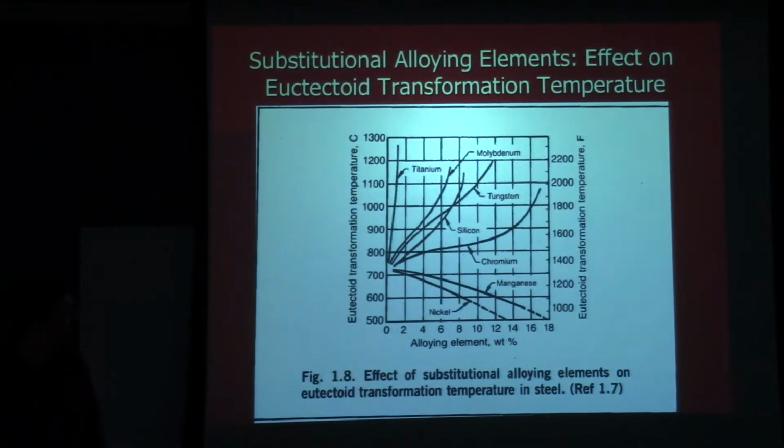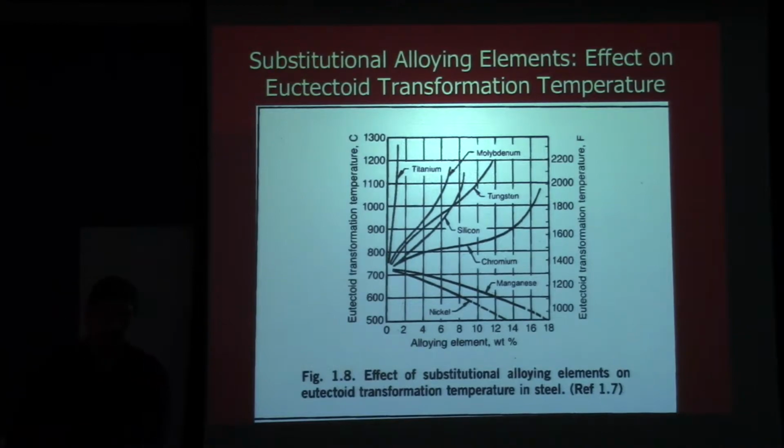Well, a whole lot of things can happen. This is a diagram that gives you lots of different elements all together, and their effects on the eutectoid transformation temperature. So you remember what the eutectoid transformation temperature is just off the iron-carbon phase diagram.